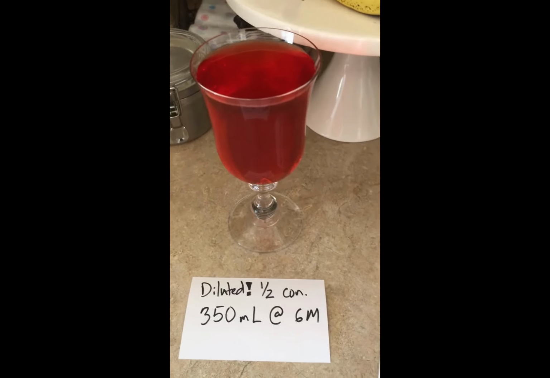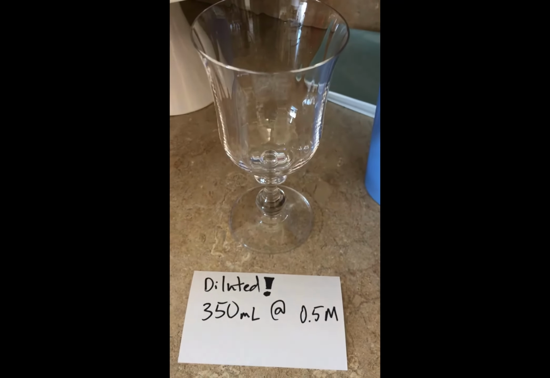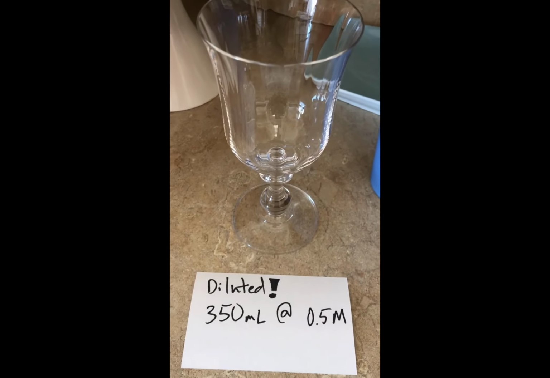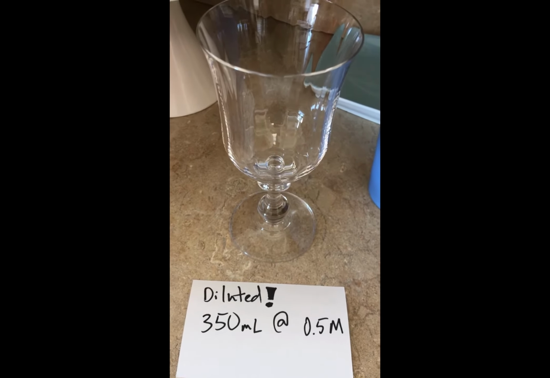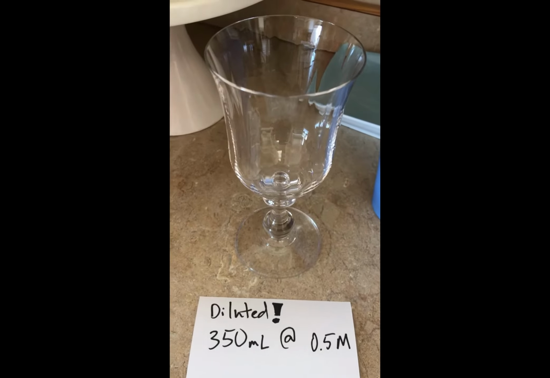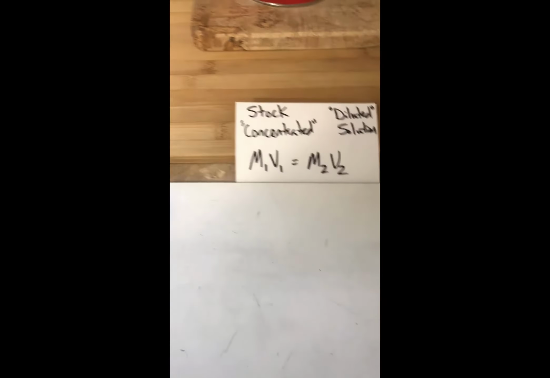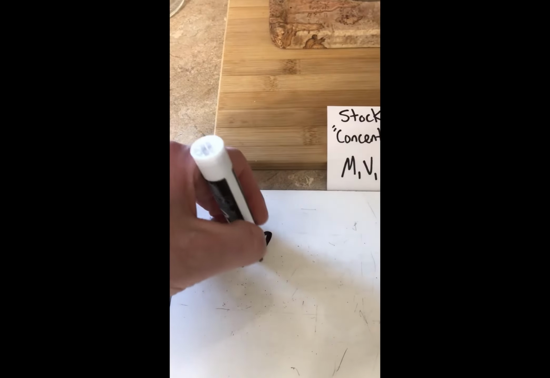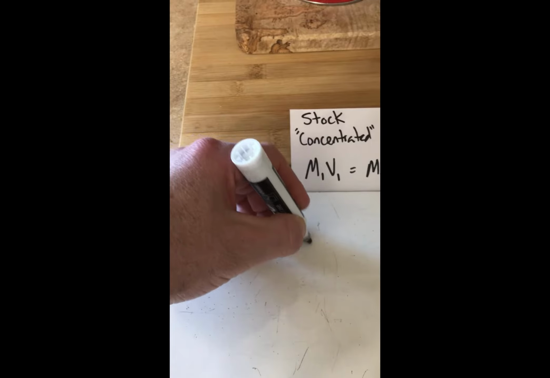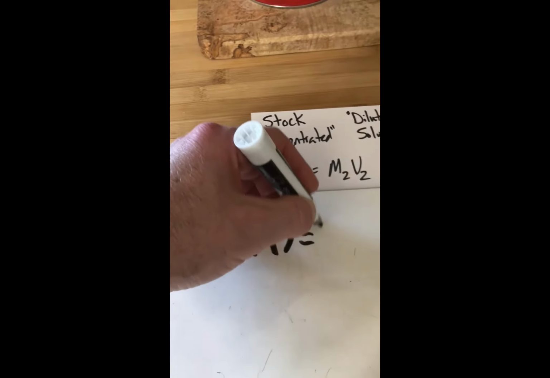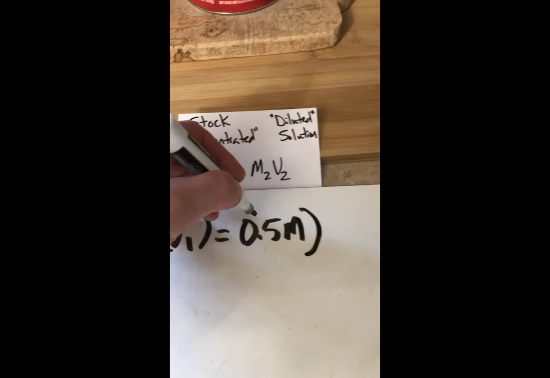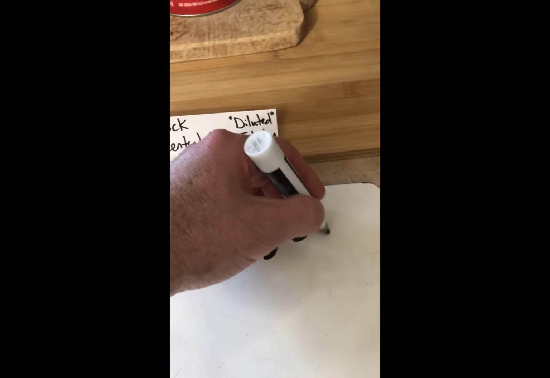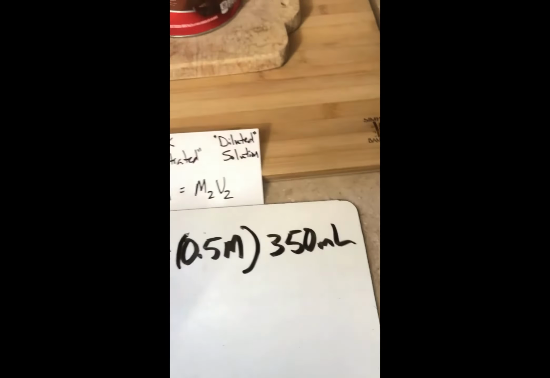But what if I wanted to make something that was pretty diluted down? Let's say I wanted to make 350 milliliters of 0.5 molar hydrochloric acid in this example. So what would I do? It's going to be the same process. Our stock solution is 12 molar again. We are solving for how much of that we're going to use. This time we want a 0.5 molar solution, and we still want 350 milliliters of it total made.